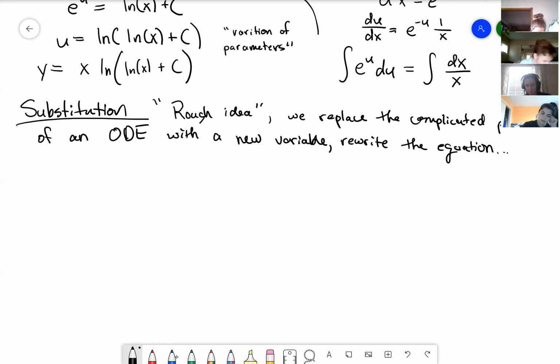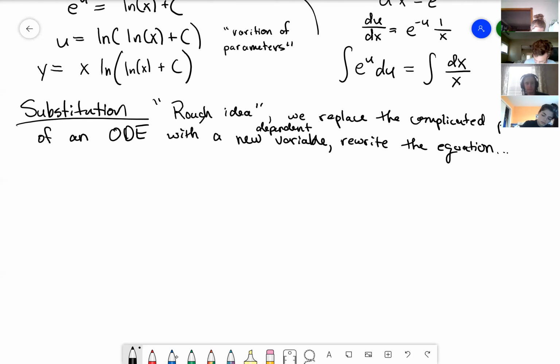But it's sort of the same basic idea. So we replace with a new variable, and I should say this is the new dependent variable, and oftentimes we use u, just like we did in u-substitution.